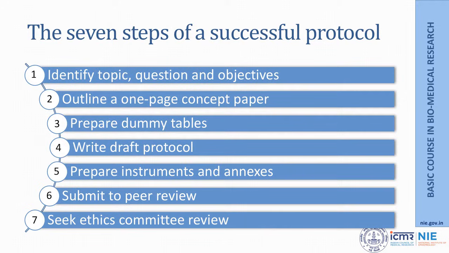The steps include identifying research topic, framing research question and objectives, and then moving on to outlining a 1-page concept paper, preparing dummy tables as per the analysis plan, writing a detailed draft protocol, preparing instruments and annexes including information sheet, consent form and other things related to the study protocol, submit this to a competent peer review committee, and finally seek review by an ethics committee.